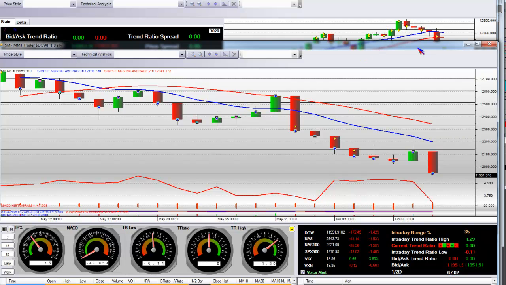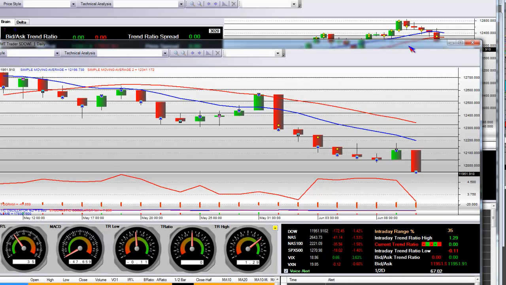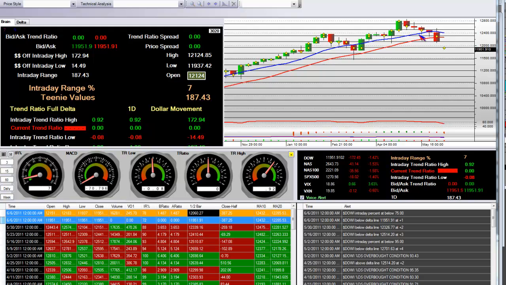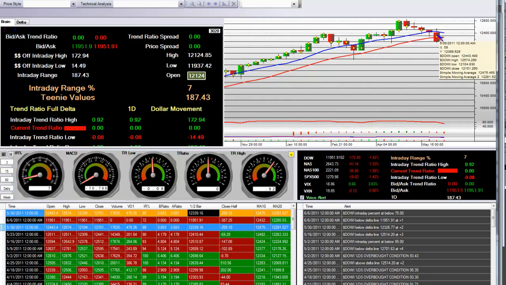And basically when we get over here into a weekly level, we can clearly see that the blue line is a 10-week moving average, and the red line is a 20-week moving average on our platform. One of the things that we can see here on a weekly level is that it closed 259.18 handles below the half bar.